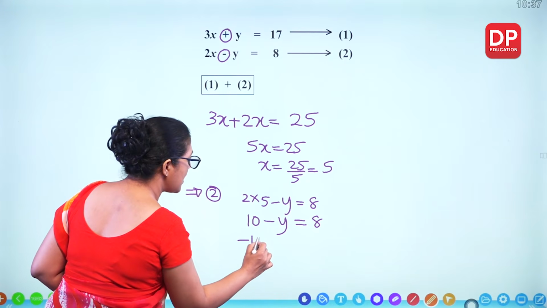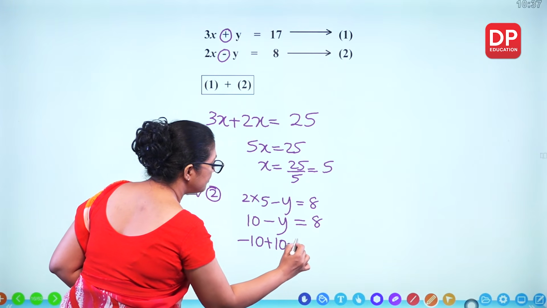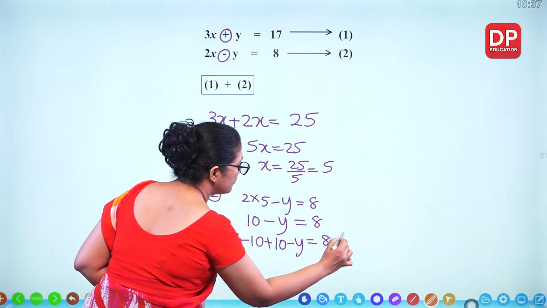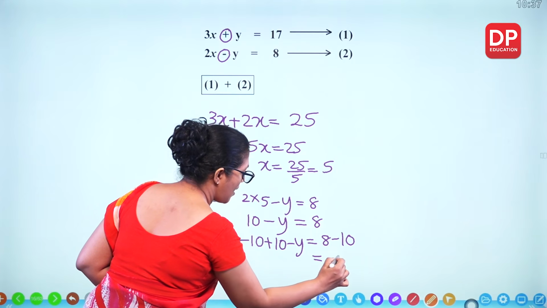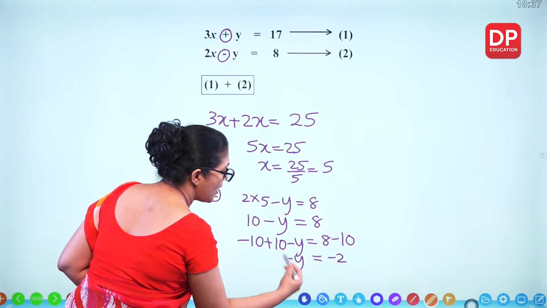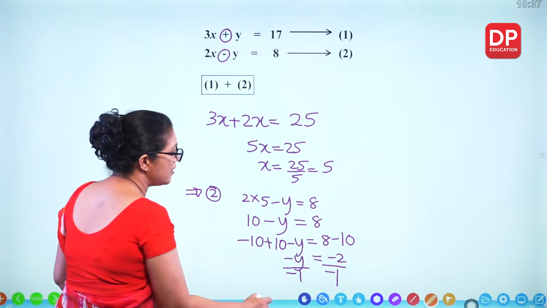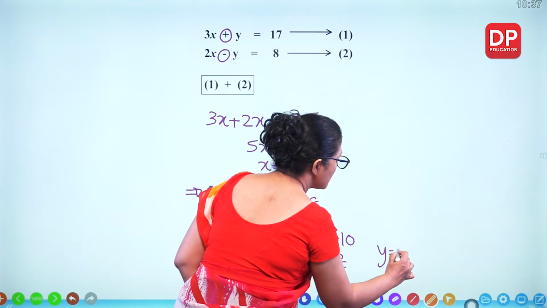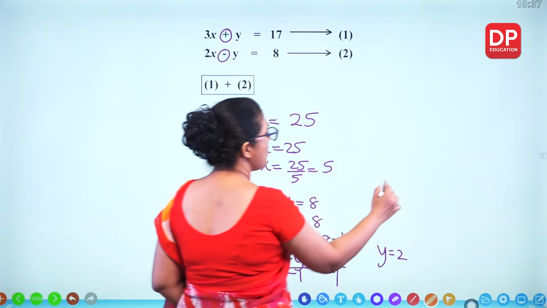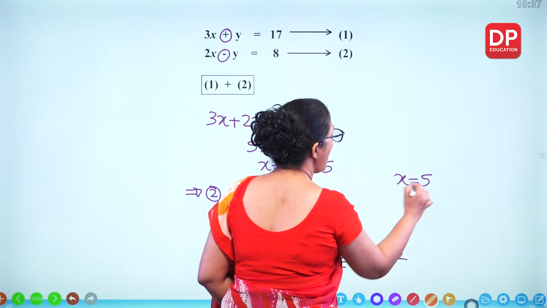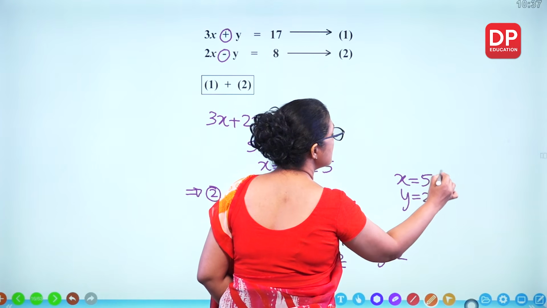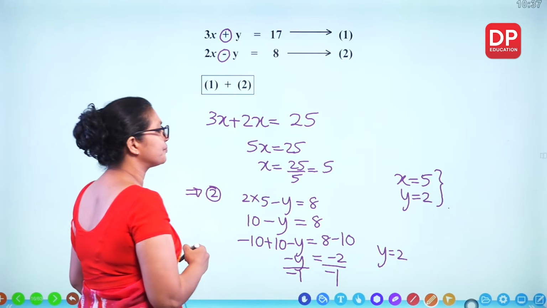Now subtract 10. You get minus 2 equals minus y. So divide by minus 1. You get y equals 2. So same answer we got. x equals 5, y equals 2.